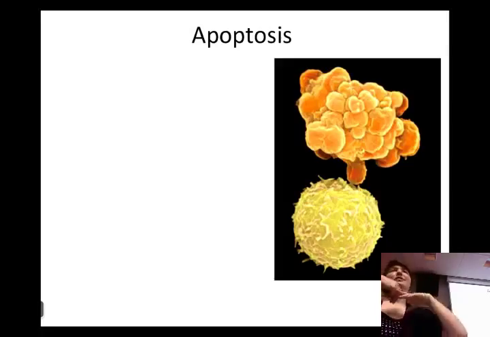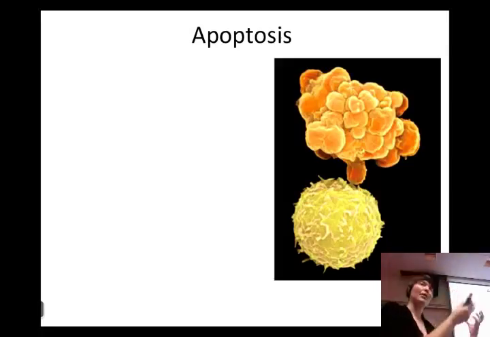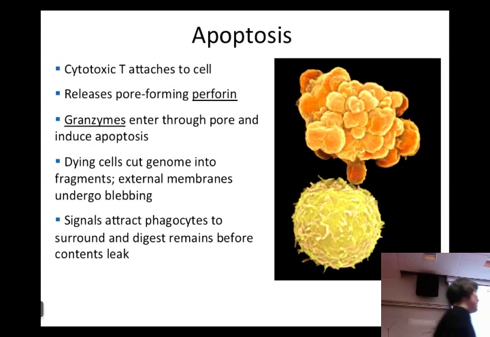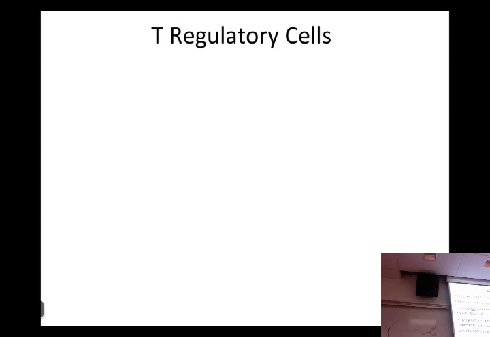You don't want the cell to just spill its contents. We actually are taking it apart in very discrete chunks, and usually then those cells are also engulfed by macrophages or other phagocytes, just the same way you would get rid of a foreign invader.